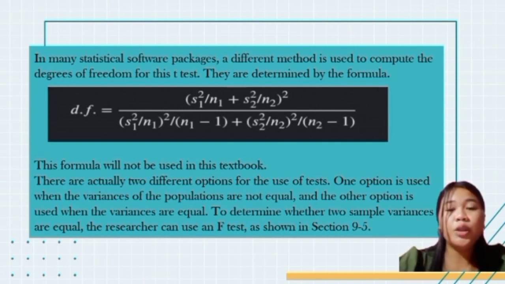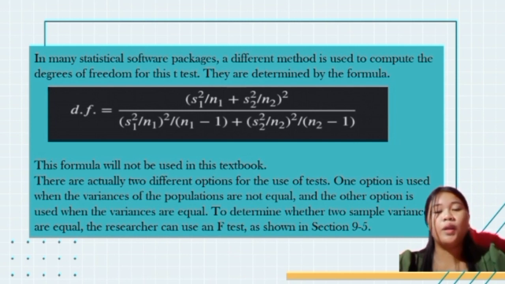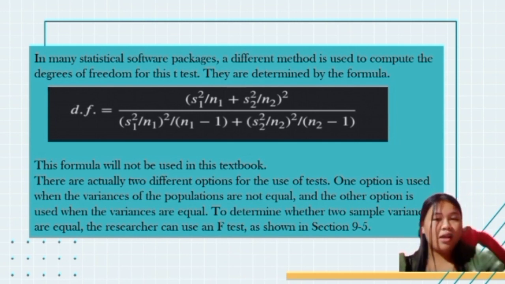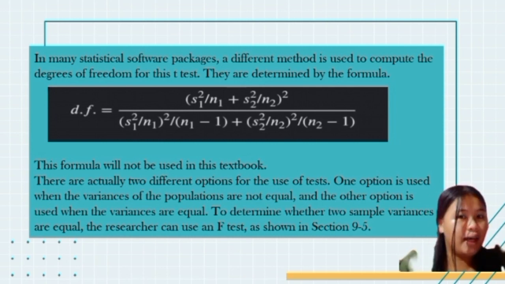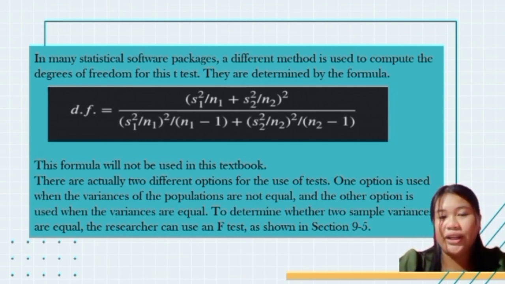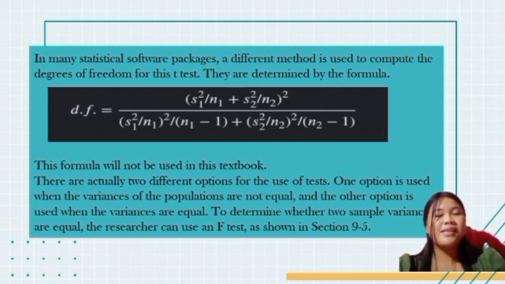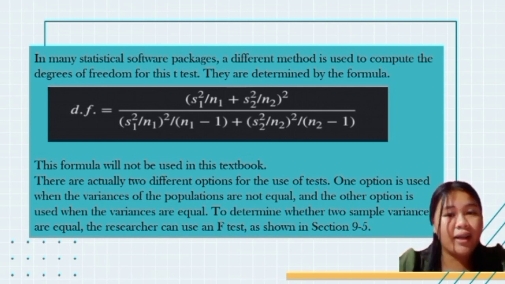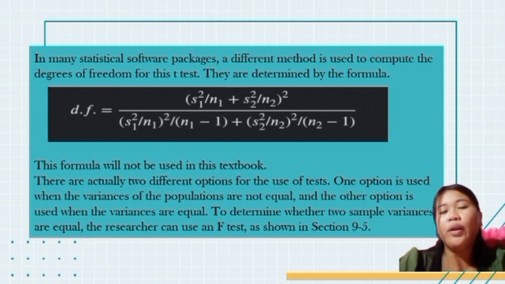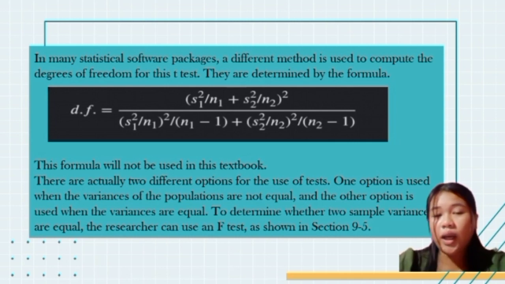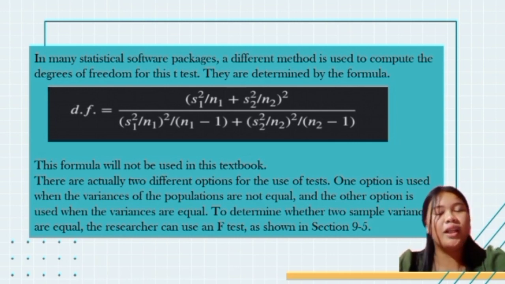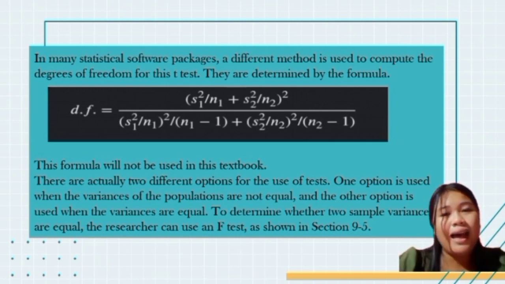There are actually two different options for the use of the t-test. One option is used when the variances of the populations are not equal. The second option is used when the variances are equal. To determine whether two sample variances are equal, the researcher can use an F-test, as shown in section 9.5.